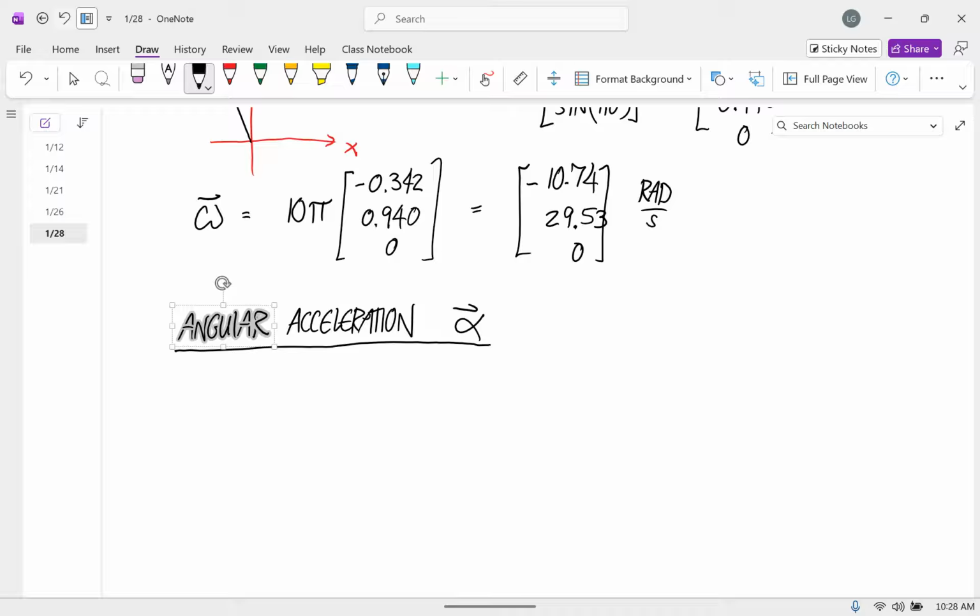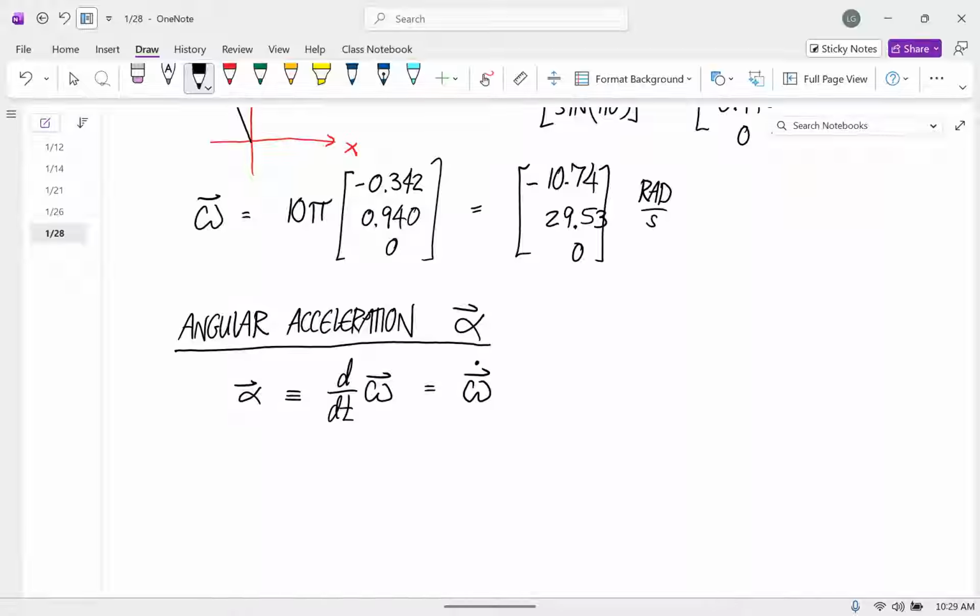Okay, so angular acceleration. There's not a good way to have intuition about it without also thinking about the angular velocity. So first of all, we'll think of the definition of angular acceleration. This is defined as the time derivative of the angular velocity, which you can also write using the dot notation.